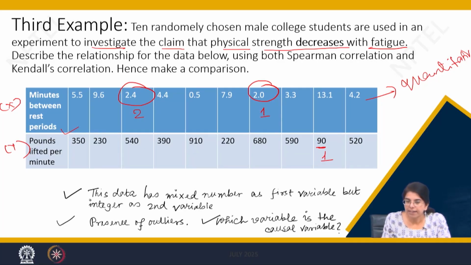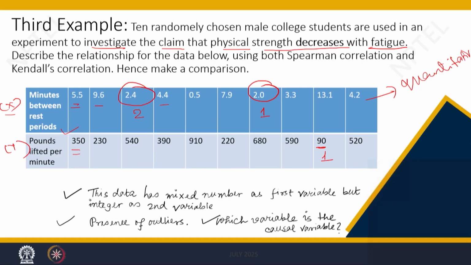One more point, perhaps you have noticed that this example contains mixed numbers and integer numbers. Clear? So for X you will have the mixed numbers, that means numbers bearing the decimal point, right? 5.5, 9.6, 4.4 like this.